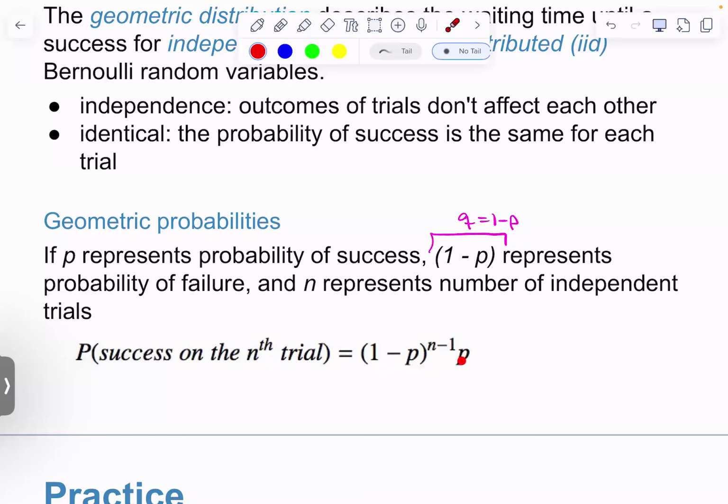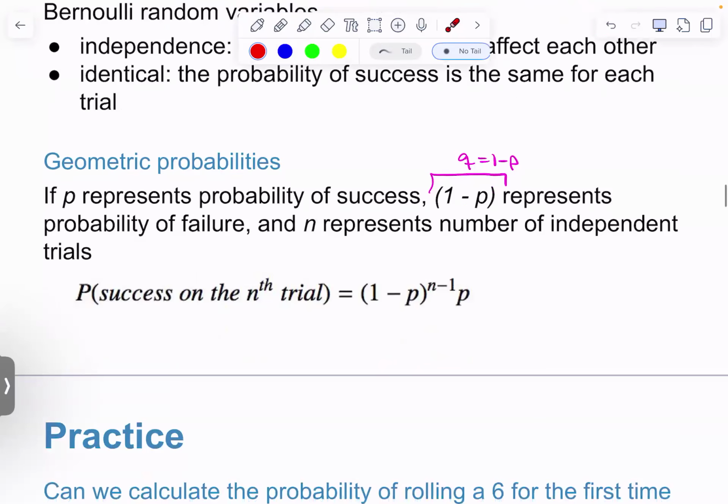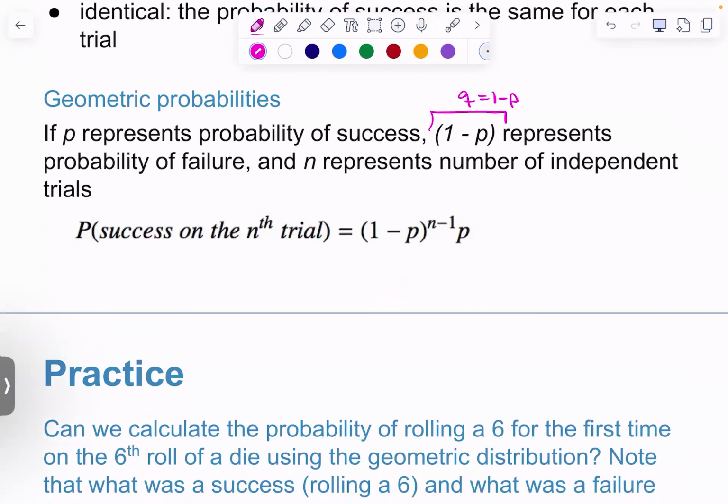And then your last one has to be a success. Okay? And so this is the geometric distribution.